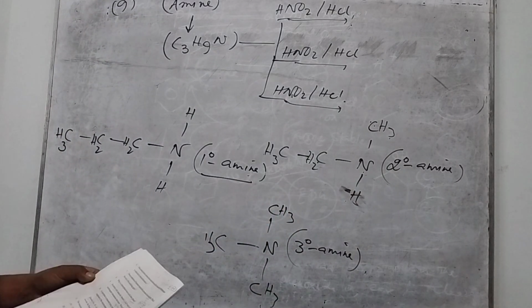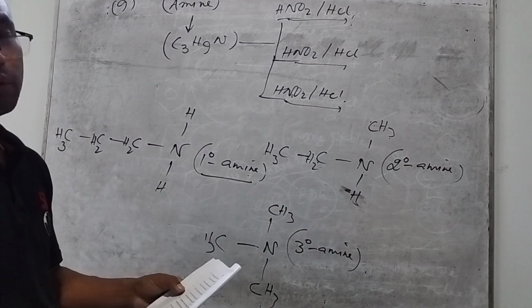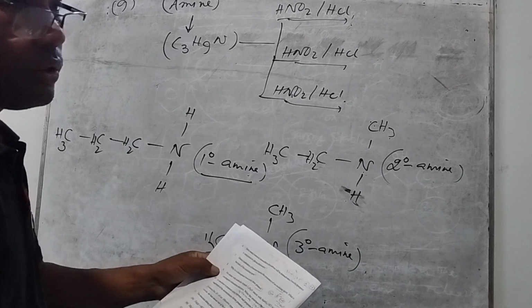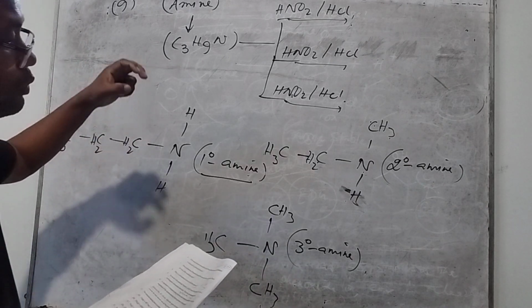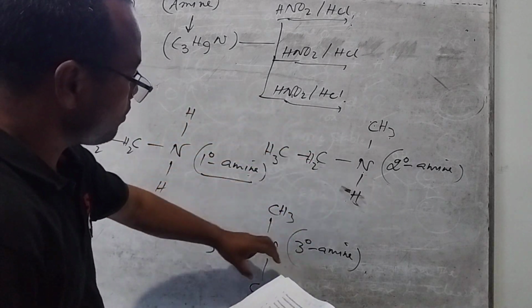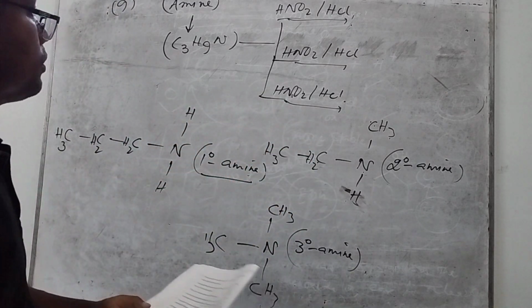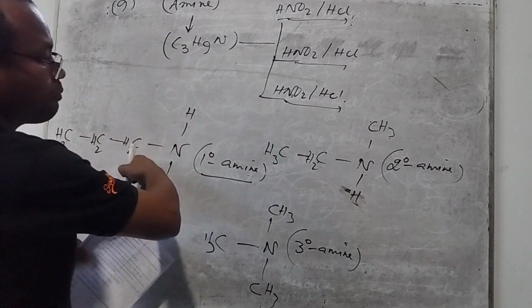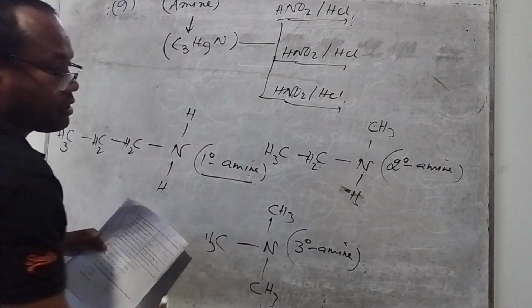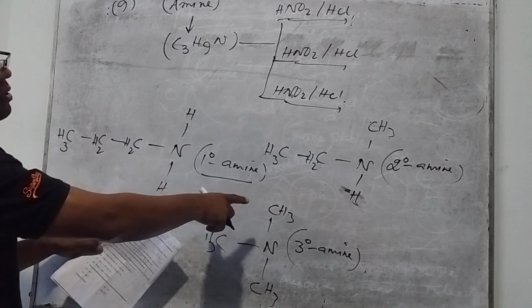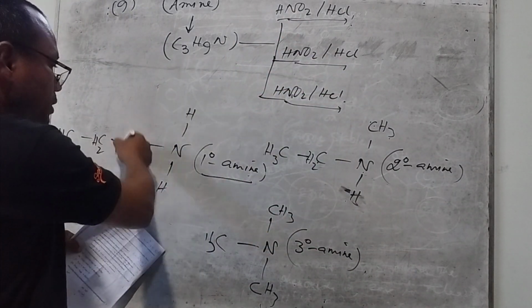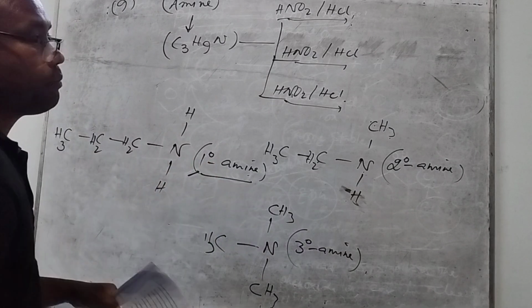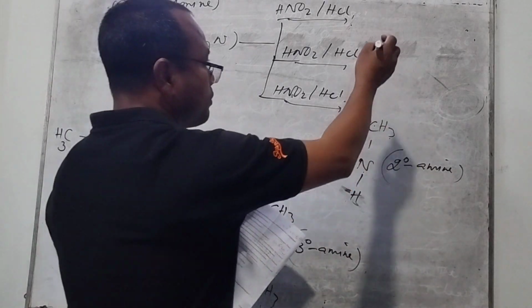So for question number 9, what should be the right answer? You just find out which one will be right for your answer paper. This amine may be primary, secondary, or tertiary. If it undergoes this reaction and the amine is primary, what would be the product?